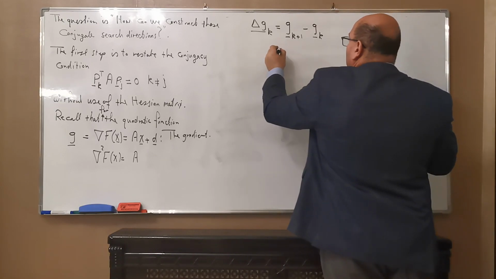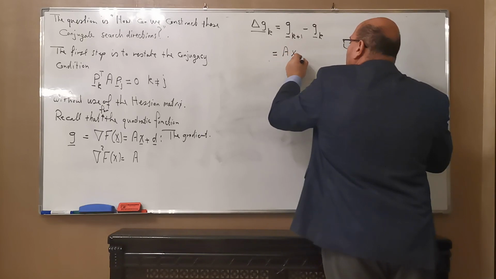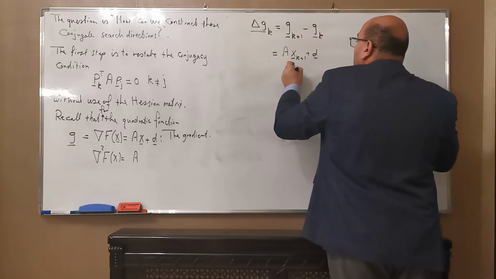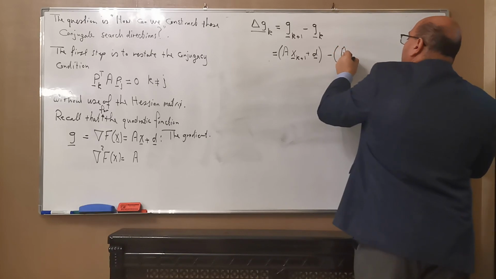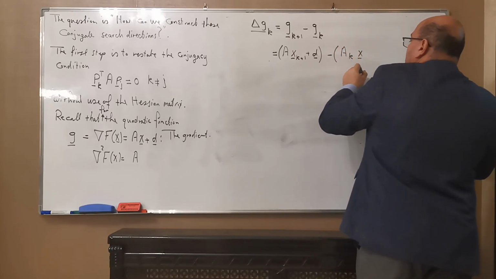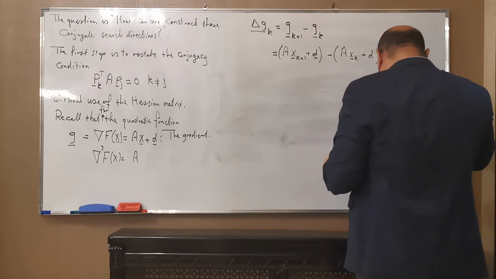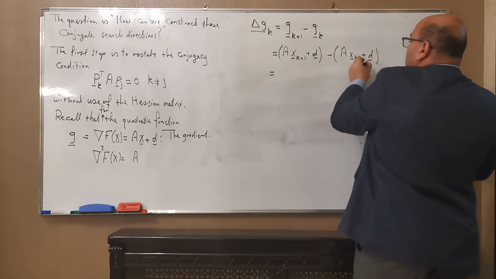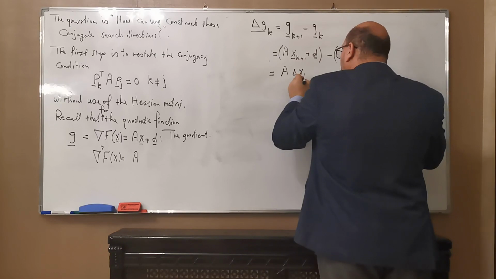If we take this to be A x at k plus 1 plus d minus A x at k plus d, then d minus d is equal to 0, and you end up with A delta x at k.